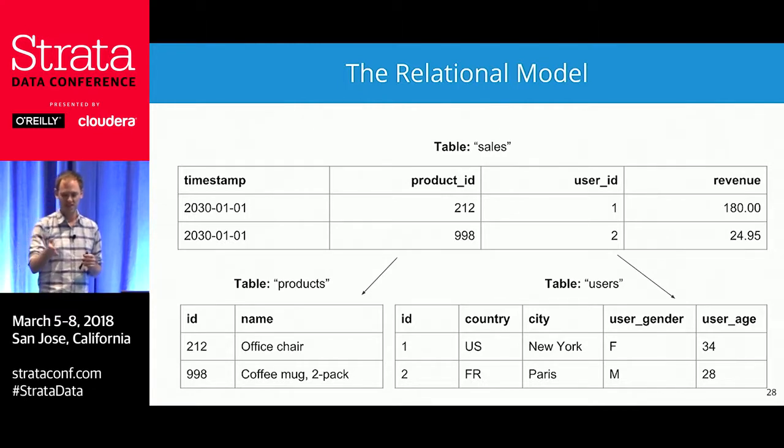Product ID is a key into a products table. User ID is a key into a users table, so all the different objects, a sale, a product, a user, they're all in their own kinds of tables. And they're related by keys. I didn't have enough room on this slide to have a city table and a country table, but if I did, I would have had those too, because a real SQL normal form purist would have wanted that country and city to be in its own table.